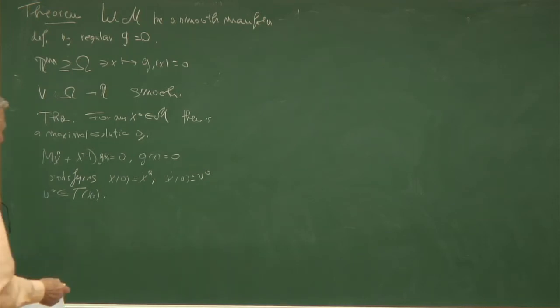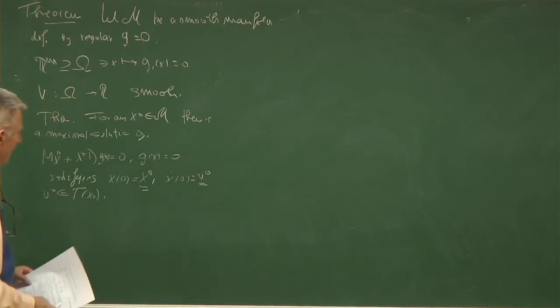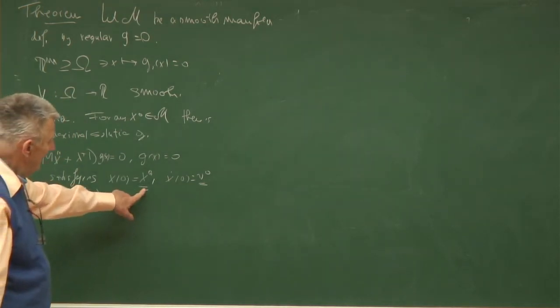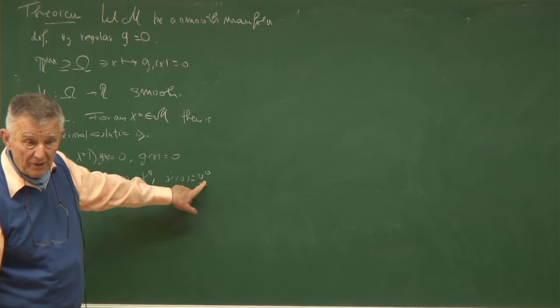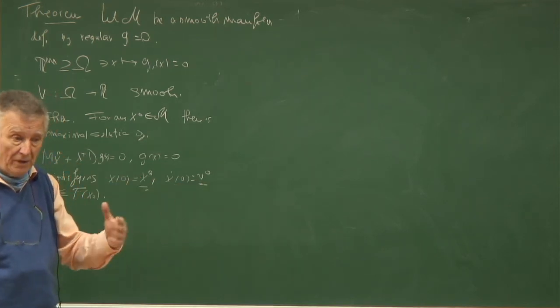So what is given? Given are those two vectors. One of them is on the manifold, the other one is on the tangential space. These are reasonable initial data.